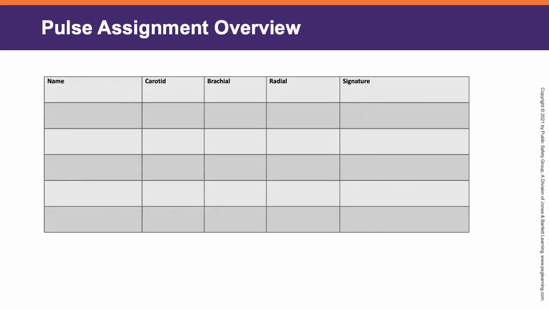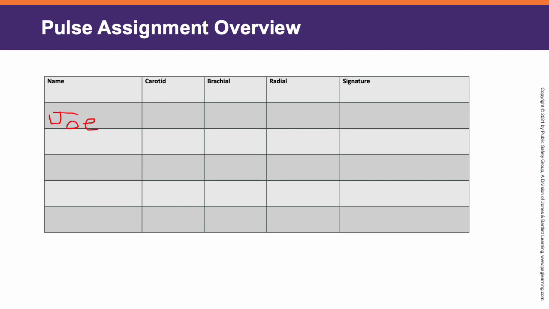So for your pulse assignment, what you're going to do is take 5 buddies, and you're going to find their carotid, their brachial, and their radial pulse. This is pretty self-explanatory, but here you'll write their name. So we'll write Joe's name right here.